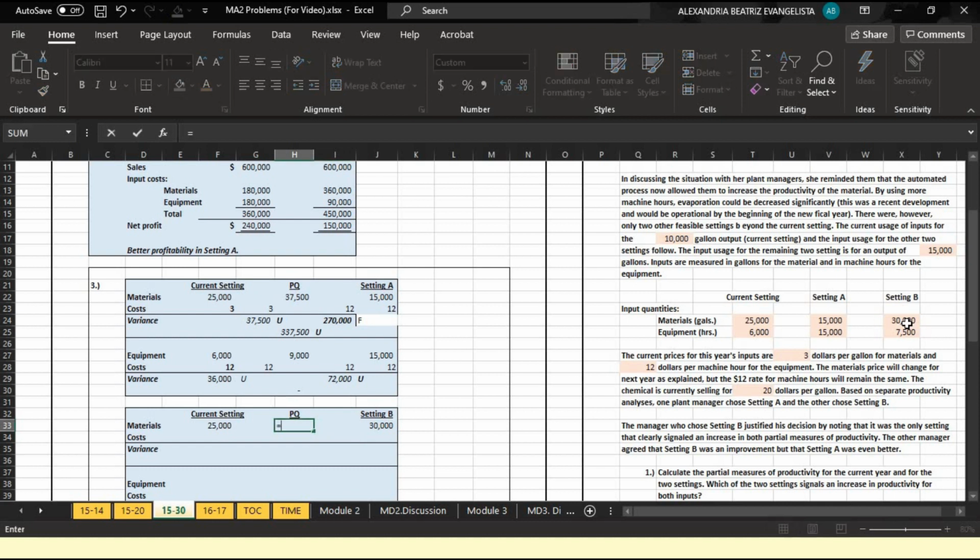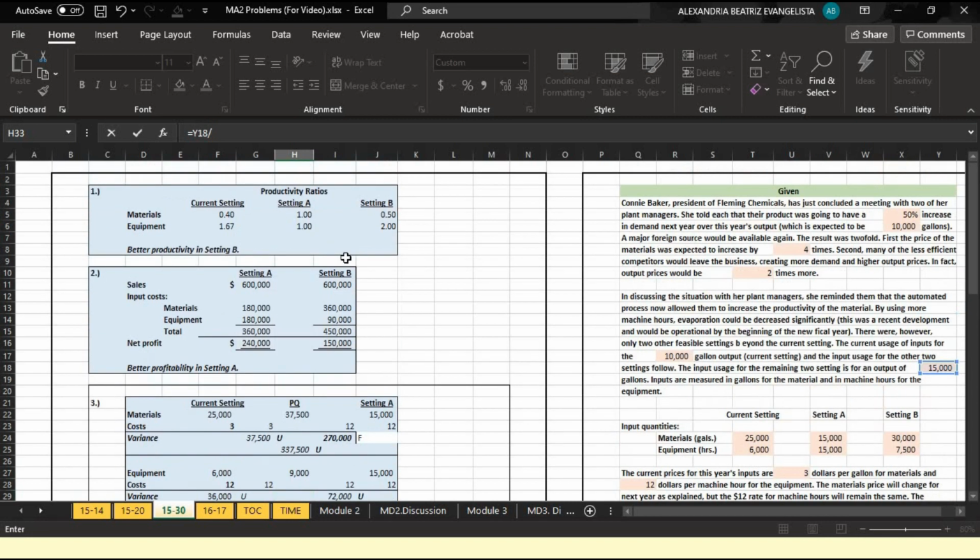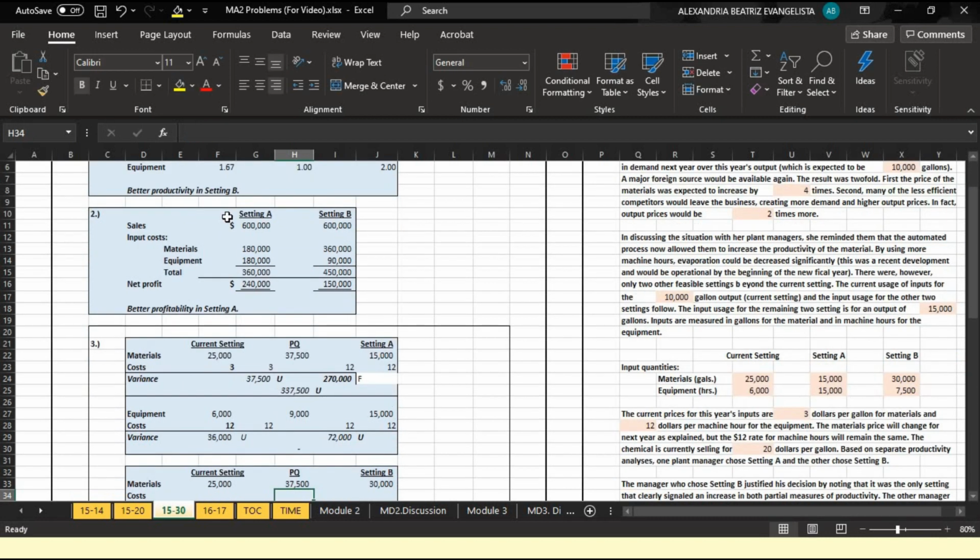And for PQ, we're going to use outputs for setting B, which is 15,000 gallons divided by the productivity ratio of materials in the current setting, which is 0.40, and that would give us 37,500 gallons.